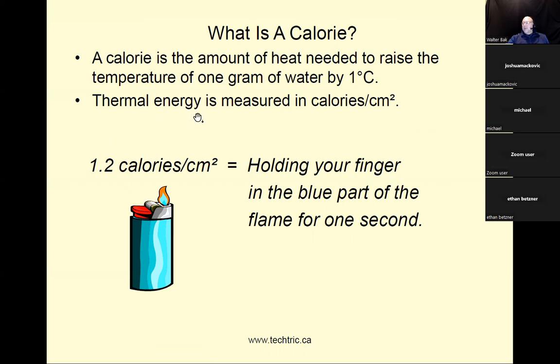Thermal energy is measured in calories per centimeter squared. Just so we can have some sort of visual here, 1.2 calories per centimeter squared is what you get if you hold your finger in the blue part of a flame for 1 second.